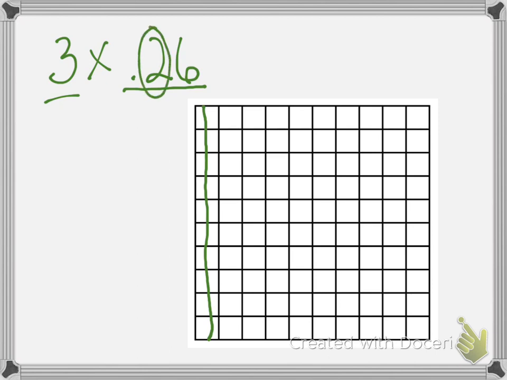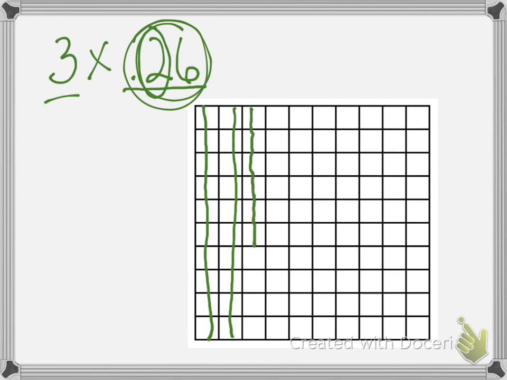We're going to do 26 altogether, 26 hundredths. You could think 2 tenths and 6 hundredths. I'm just going to count out 26. 10, 20, 21, 22, 23, 24, 25, 26. So there's one 26. Now I'm going to do my second 26. This gets a little bit trickier because I have to start right here.